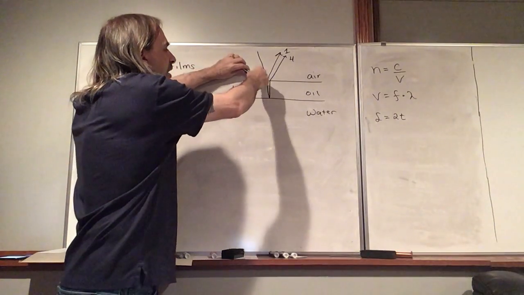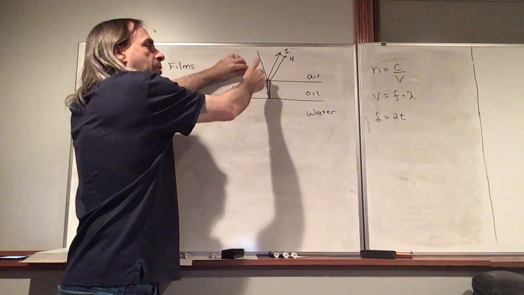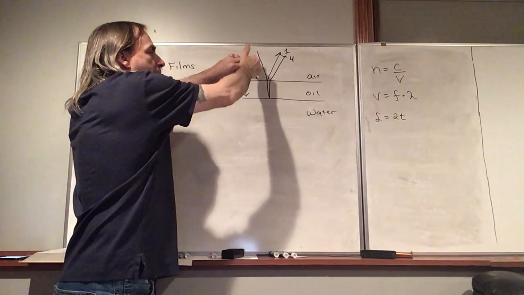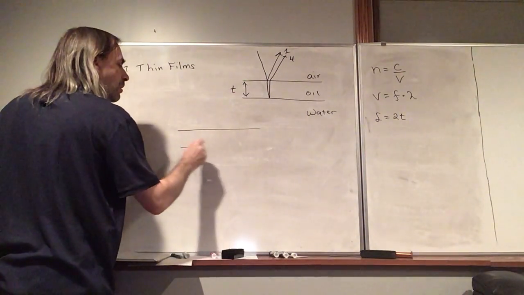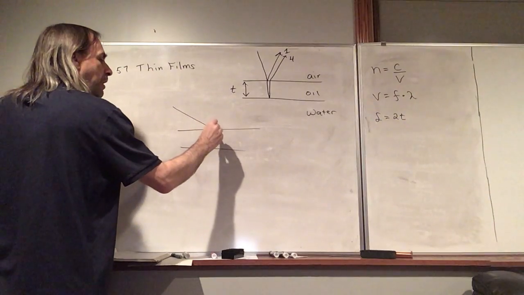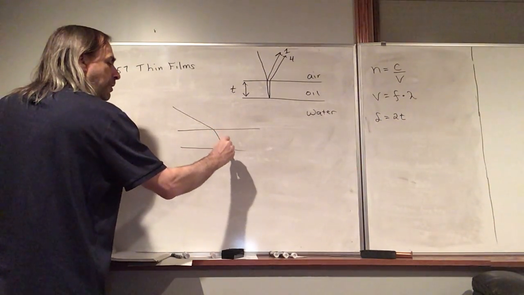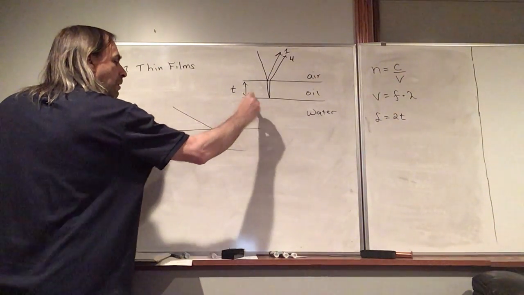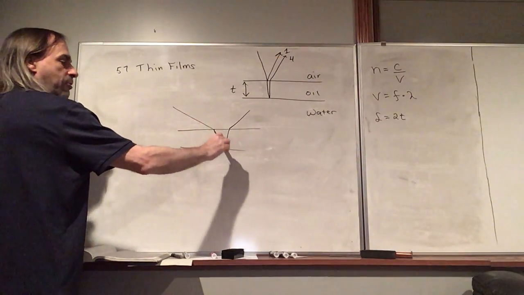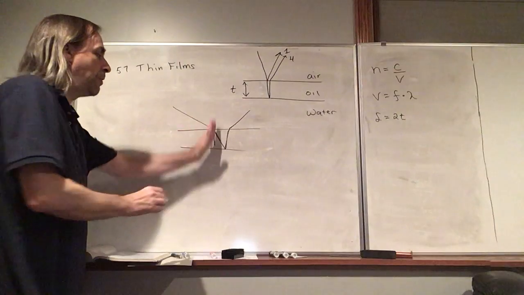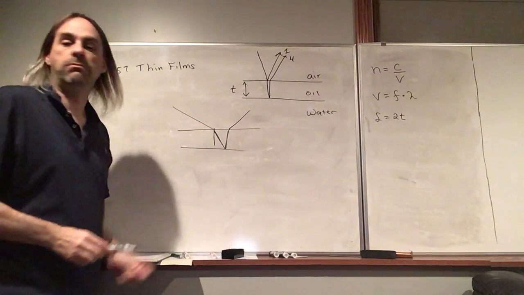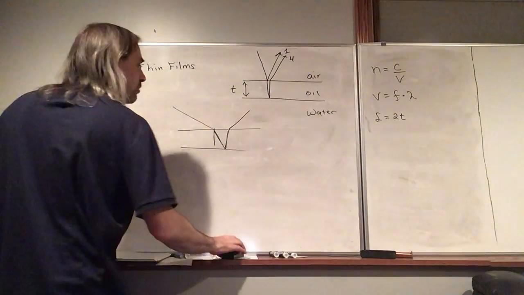If it was at a significant angle, typically going from air to a medium, it would bend towards the normal. In that situation the extra path length would be greater than 2t, because it's not going straight down and back. There's that extra horizontal effect to take into account.